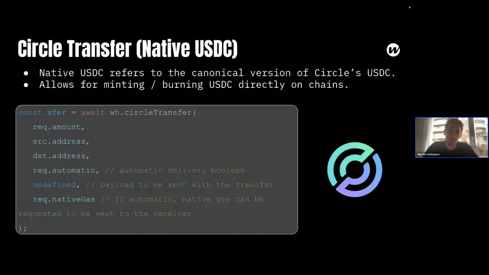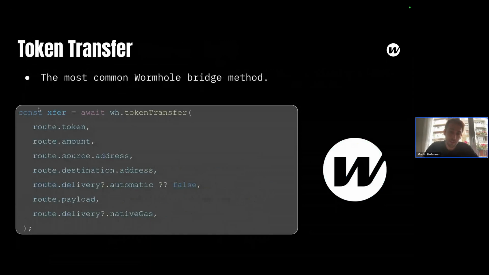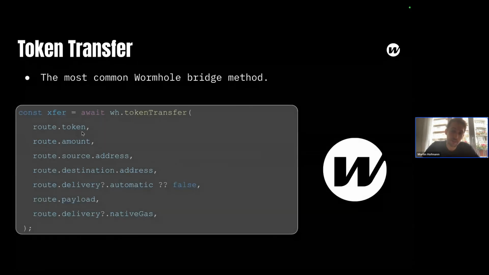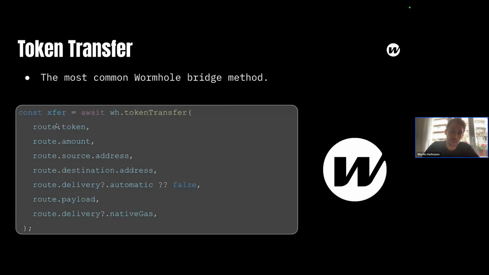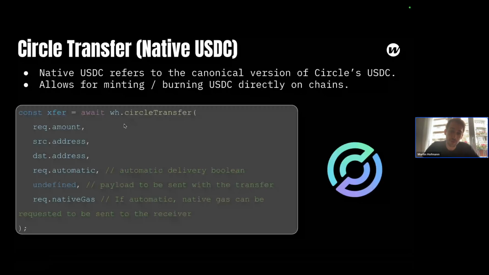It's the first parameter. There we need to tell it what token we want to send. It could be any, it could even be USDC, and we have the token address of USDC there. But in the CCTP transfer, we don't need to specify the token because implicitly we are going to be transferring USDC to another chain.